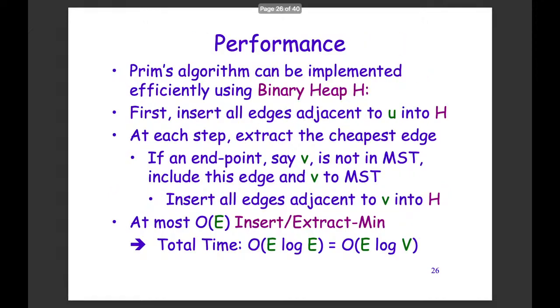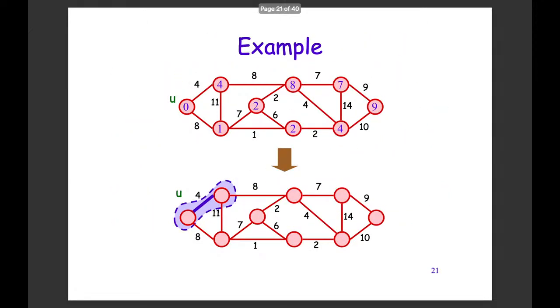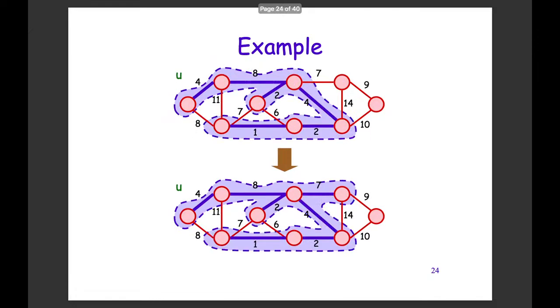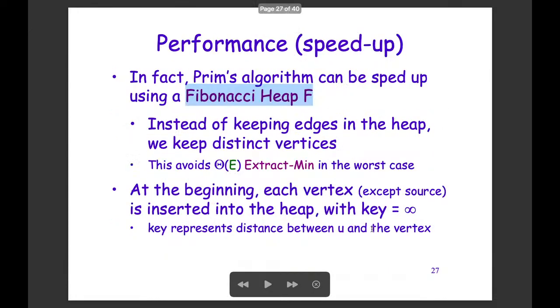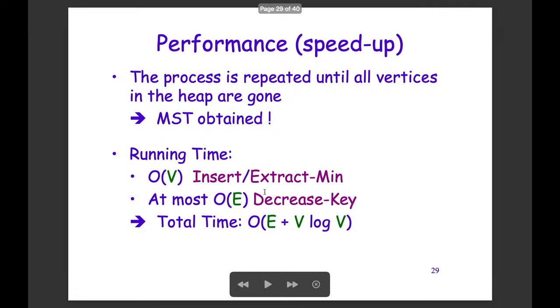So in our example here, we are looking at extract min of the vertices that have the current minimum value. So we actually have V extract min only. So instead of having E insertions and E extract min, using a Fibonacci heap, we can make it faster.